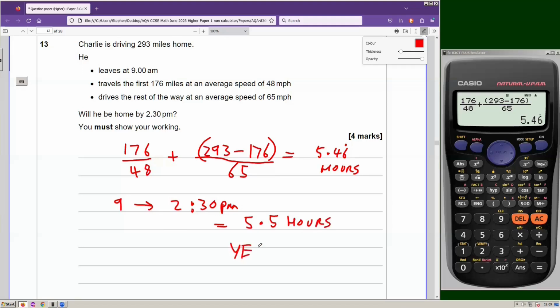Yes. Just in time. Because 5.46 is less than 5.5.